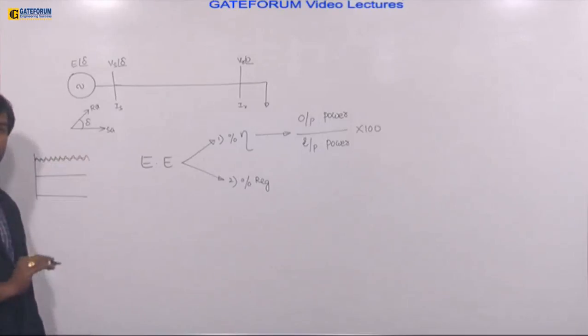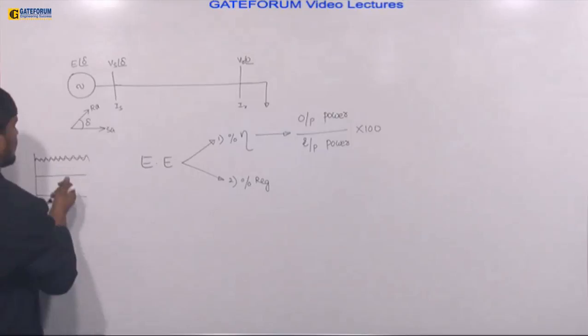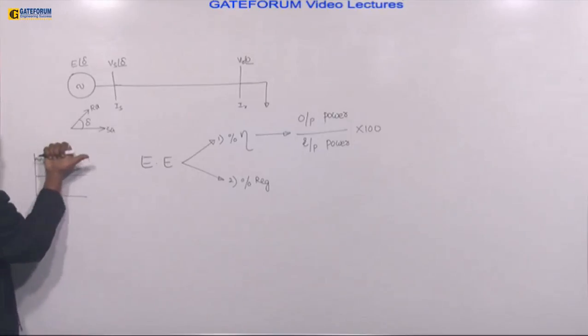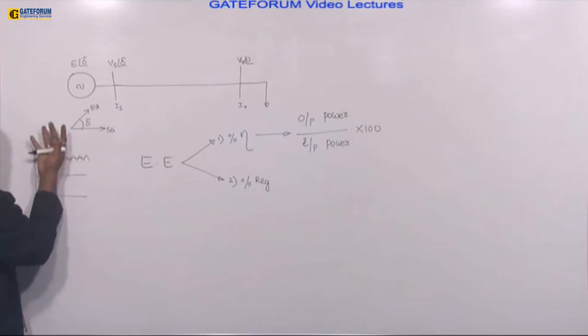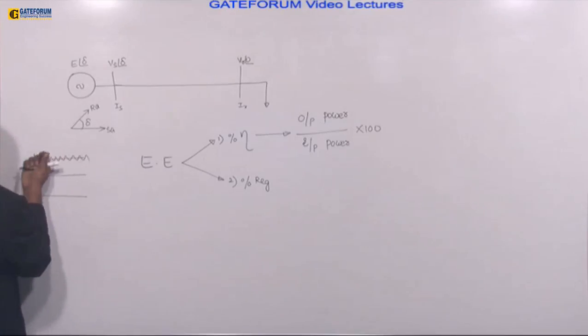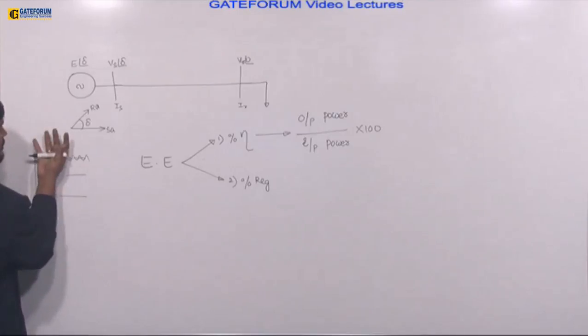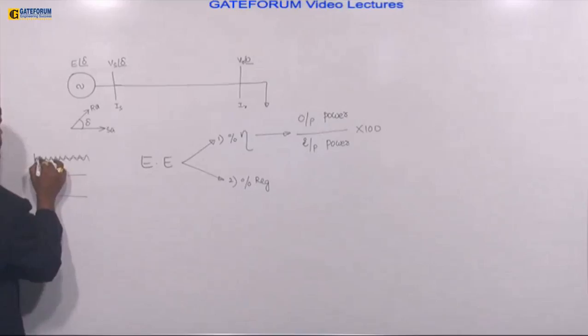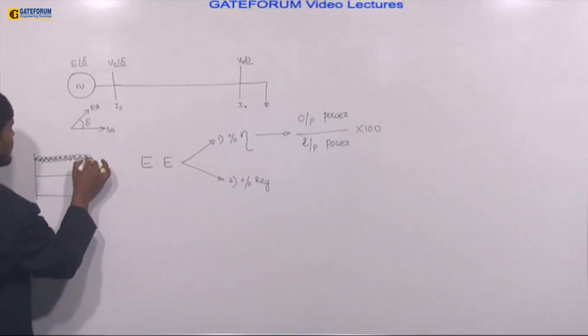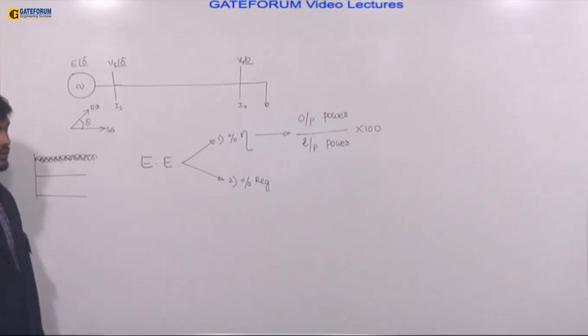Therefore, resistance is present throughout the line. According to the right hand thumb rule, when current flows through the conductor, with the thumb in the current direction, the four fingers show the flux. The flux linking the conductor is called inductance. Inductance is also present throughout the length.